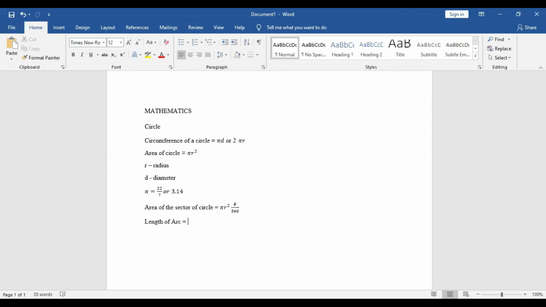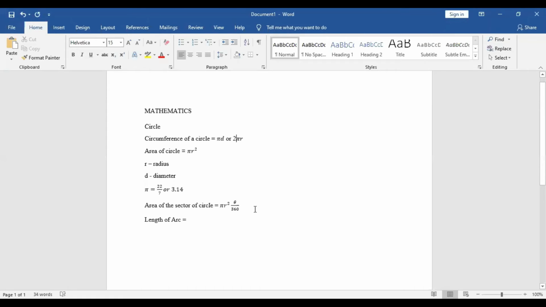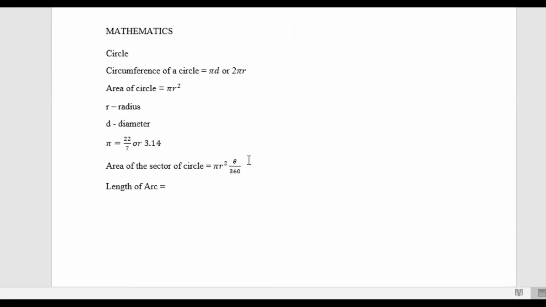That's correct. 2 pi r is basically the circumference of the circle, times the sector angle upon 360. So when you have to find the length, remember that's basically telling you about perimeter. We use 2 pi r because 2 pi r is the entire circle, and then we put the degree that is given upon 360.